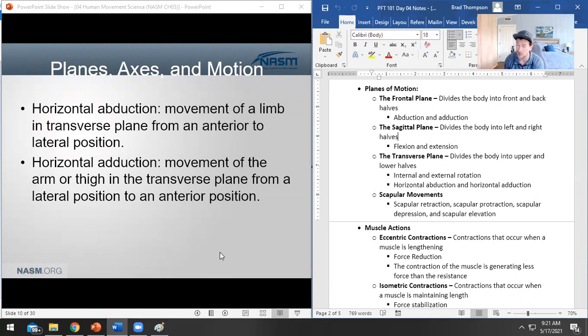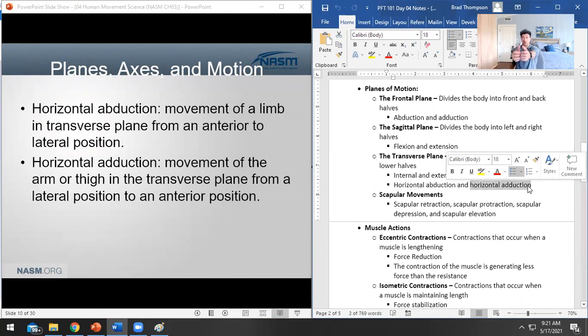Now there are two special ones for the transverse plane. There are actually special ones for all of them, but these are the two we deal with a lot: horizontal abduction and horizontal adduction. Remember, abduction is moving away from your midline and adduction is moving towards your midline. Imagine doing that horizontally.